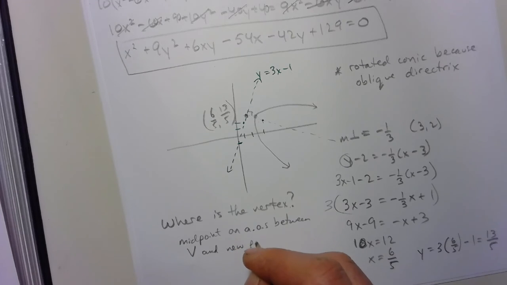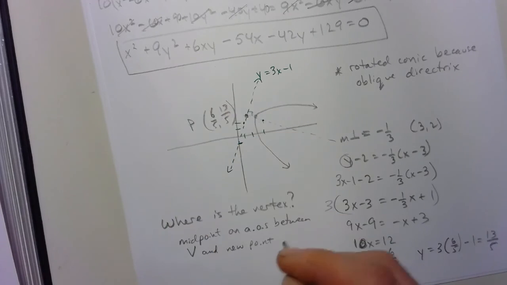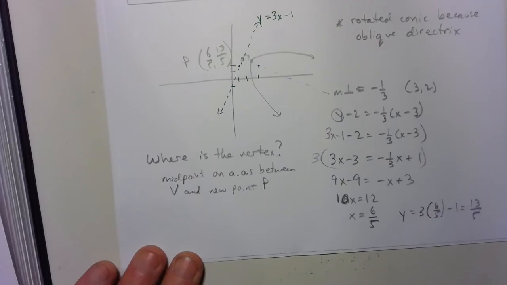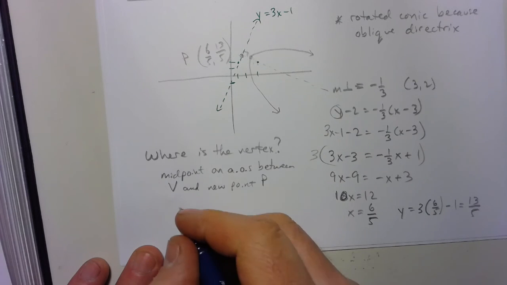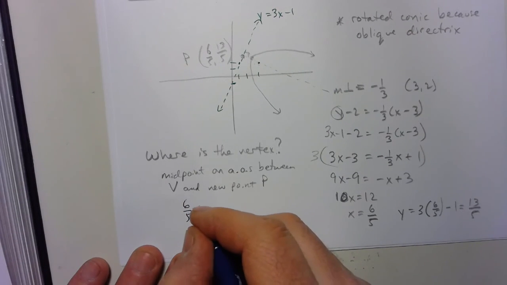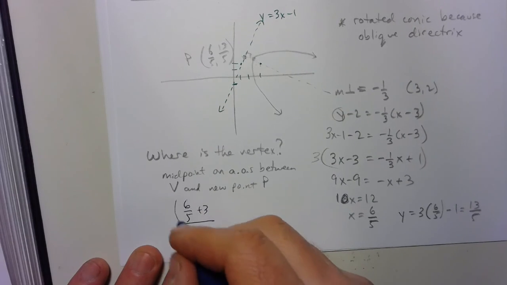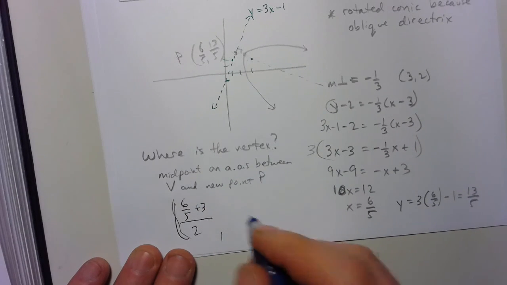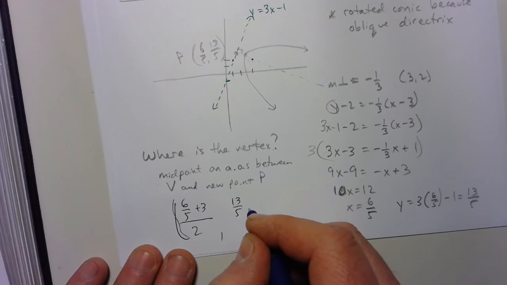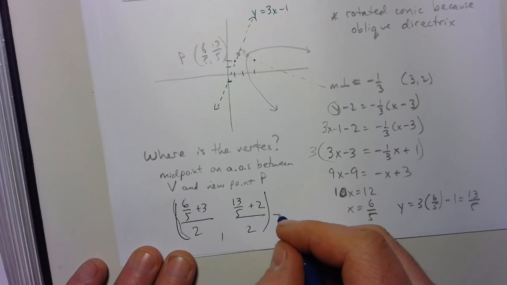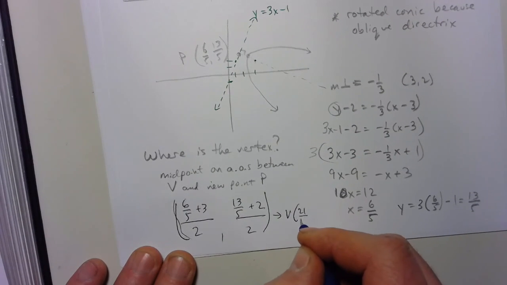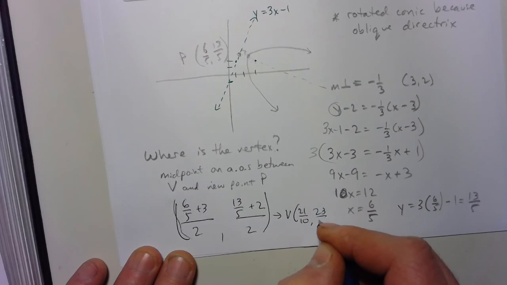We'll just call it that new point P. So let's go and do that average there. 6/5 averaging with 3/2 for the x values, and for the y values 13/5 averaging with 2, cut in half. And we do a little bit of math there, and it comes out to a vertex of (21/10, 23/10).